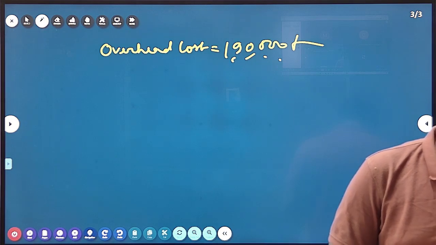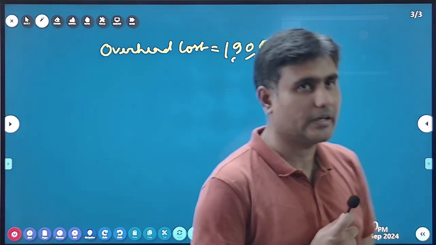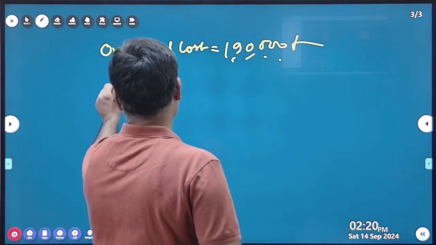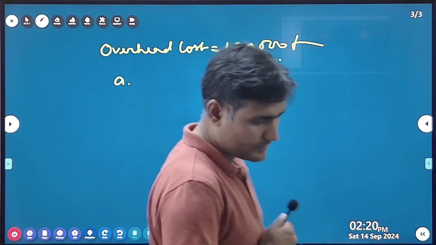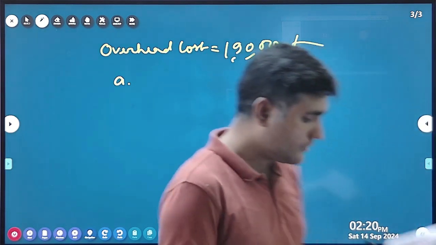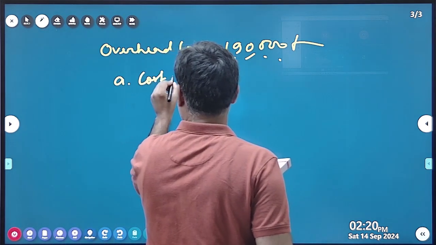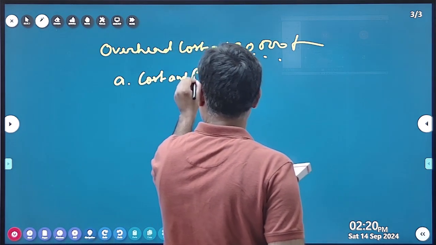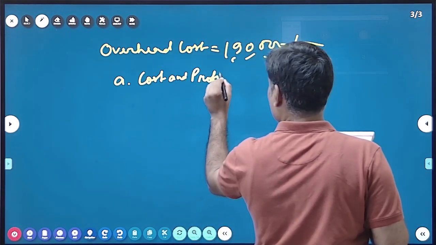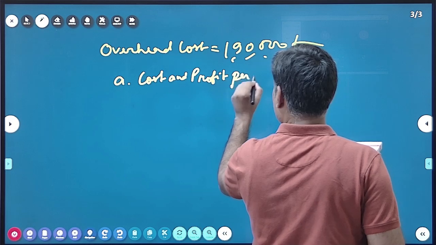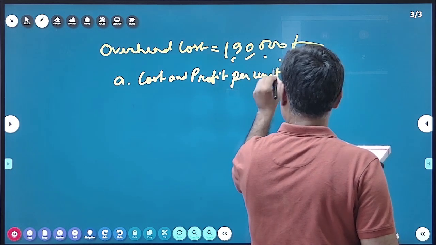On the basis of labor hours. Question A. What is given? Calculate the cost and profit per unit.